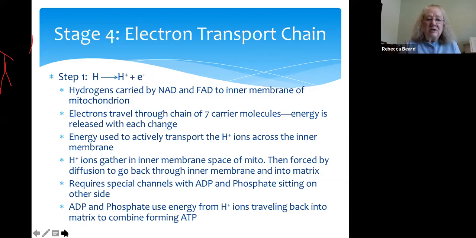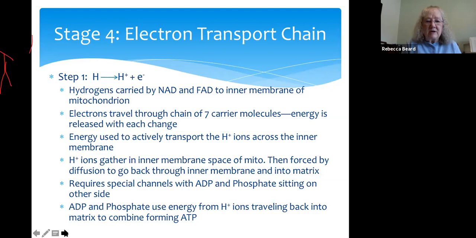And the hydrogen ions are going to gather in the inner membrane space of the mitochondria, then forced by diffusion to go back through the inner membrane. They're going to be going back and forth through this membrane.